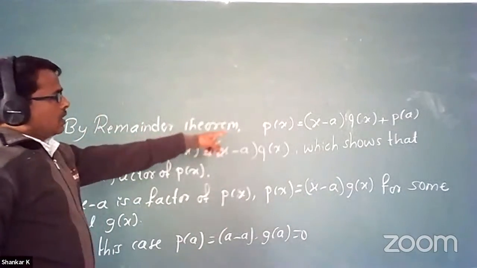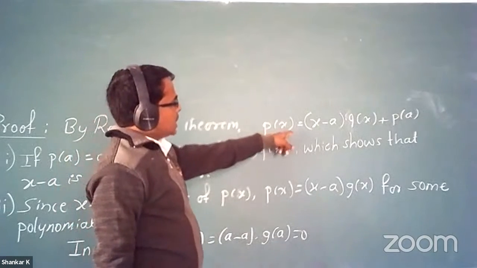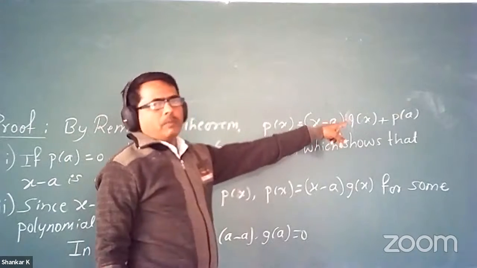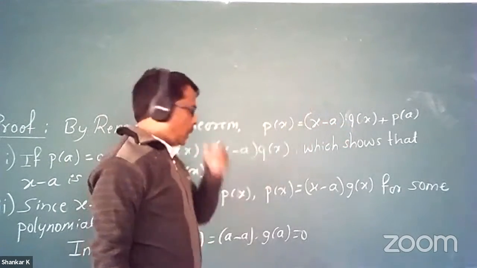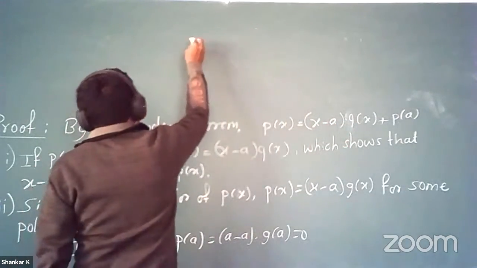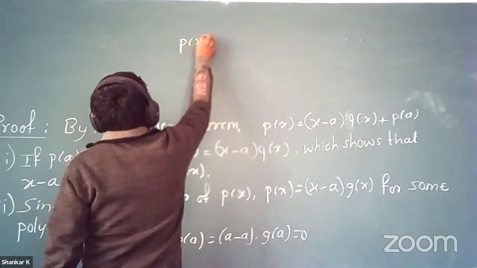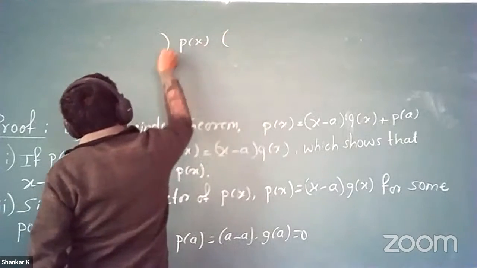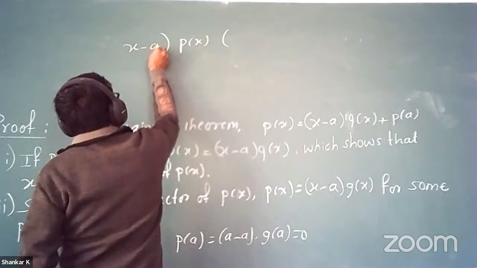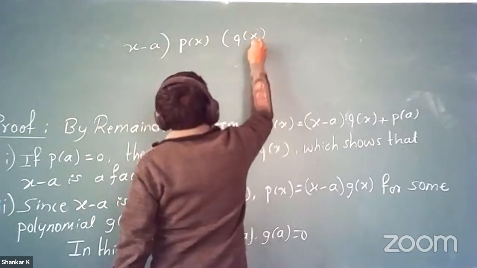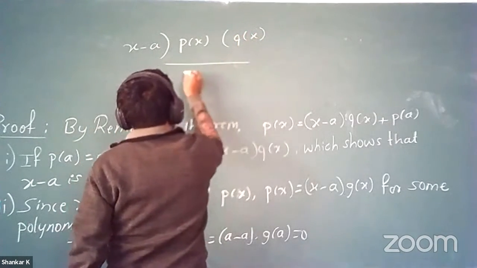By the remainder theorem, we can write P of x equal to x minus a into q of x plus P of a. How can we write like this? If P of x is a polynomial and you divide it by x minus a, you will get the quotient q of x, and remember, a remainder r of x.